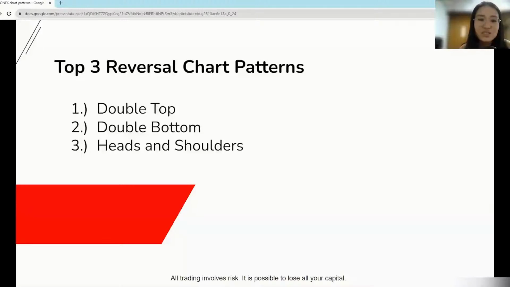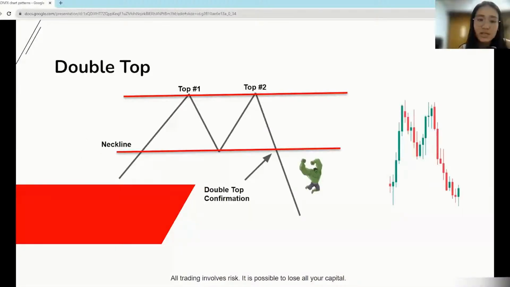Of course, you should use these not on their own, but also in combination with other technical analysis methods, like your indicators, your moving averages, MACD, and so on and so forth, or even your support and resistance levels, Fibonacci. If you manage to get a confluence area, which means there are multiple indicators that tell you that a trend is reversing, that's a bonus, and it's more likely that what you expect would happen.